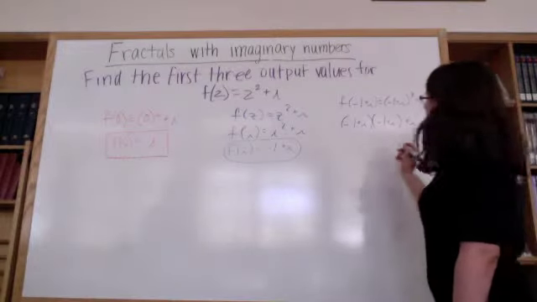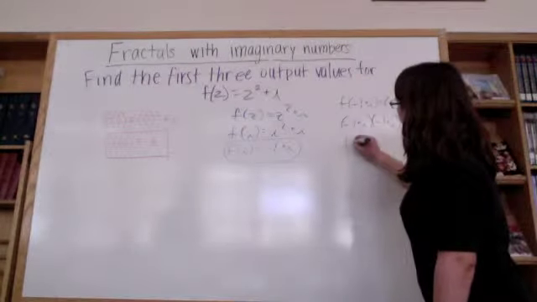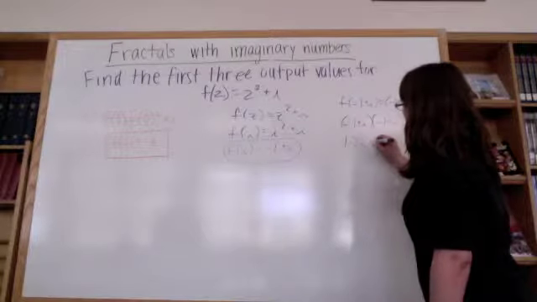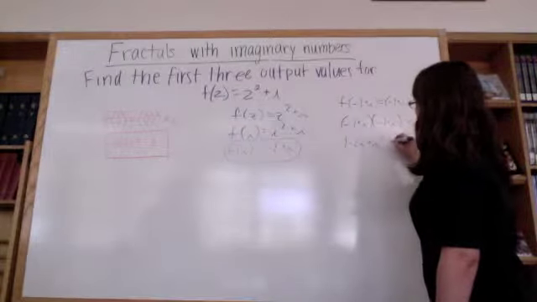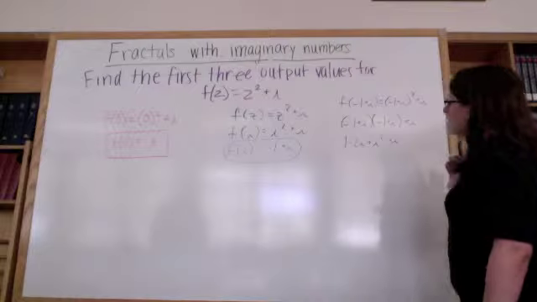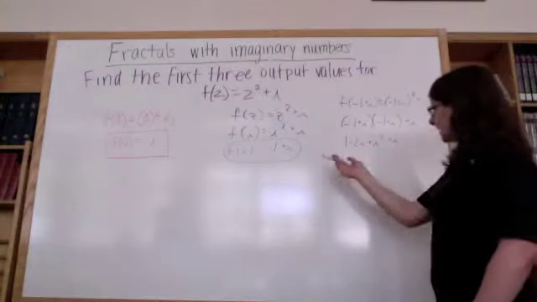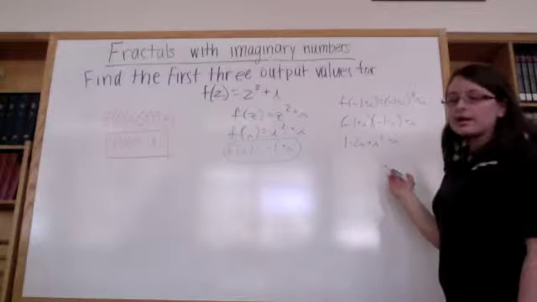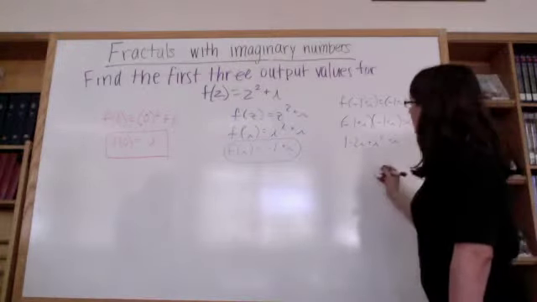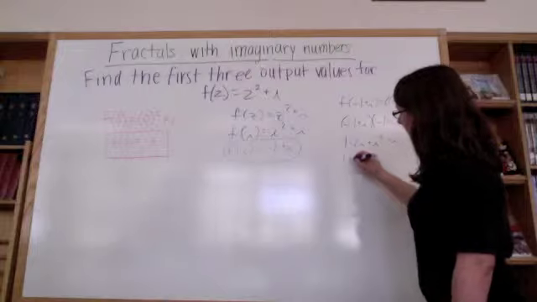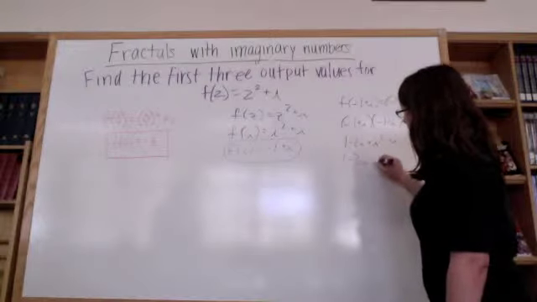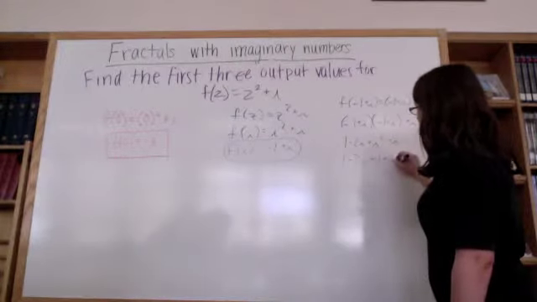And when factored, this will give us 1 minus 2i plus i squared plus i. And as we know from the previous example, i squared is equal to negative 1. So we can rewrite it again as 1 minus 2i minus 1 plus i.